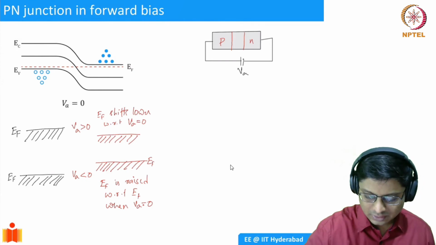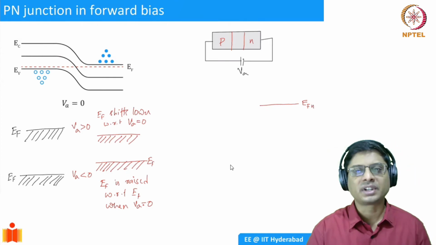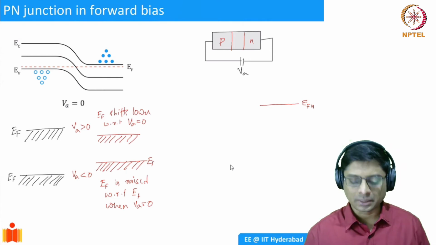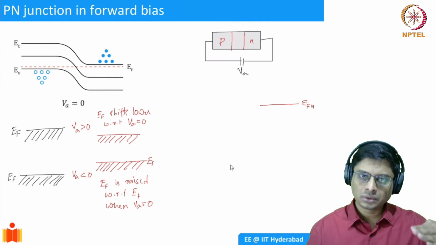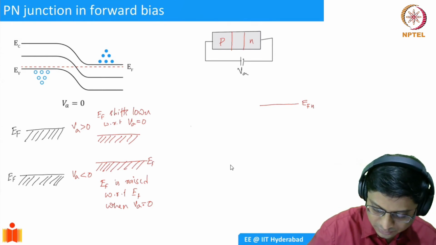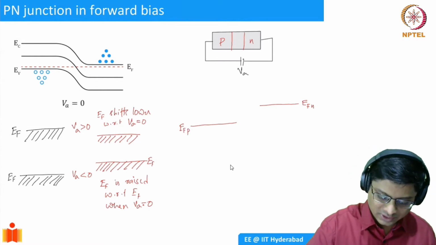Let's say I'll put my EF here on the n-type semiconductor, and have applied a positive voltage to the p-type semiconductor relative to the n-type. So my EF has to go lower. So first draw this correctly. This is the first step in the recipe: draw the Fermi levels. So you can even write out the recipe.